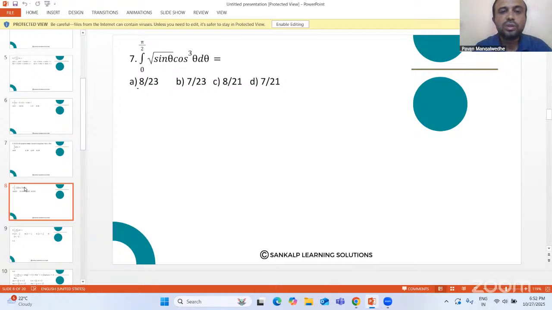I can just give a hint. You can do this by the substitution method. Just apply u equals sine theta. So du will become cos theta d theta.